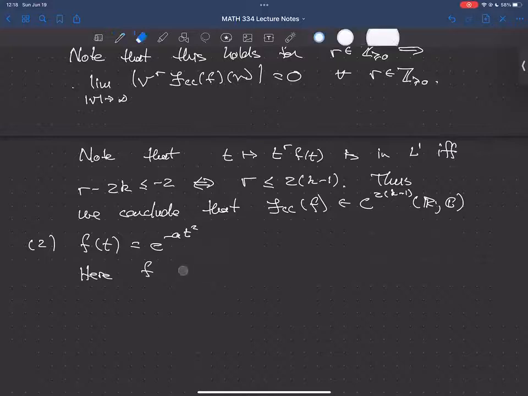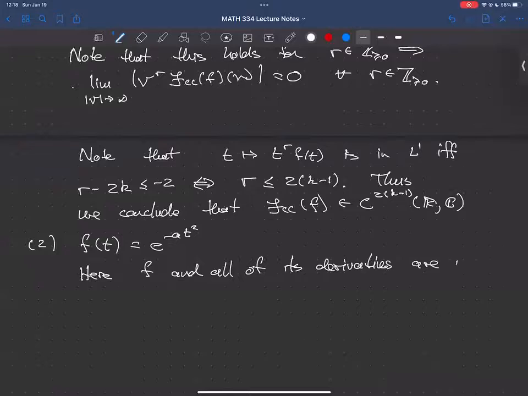So first, let me just make sure F is infinitely differentiable. So we'll say that to start out with. Okay, so F and all of its derivatives are in L1.